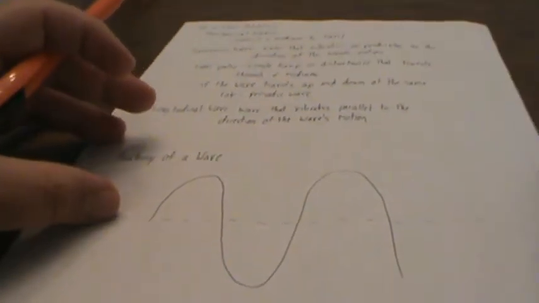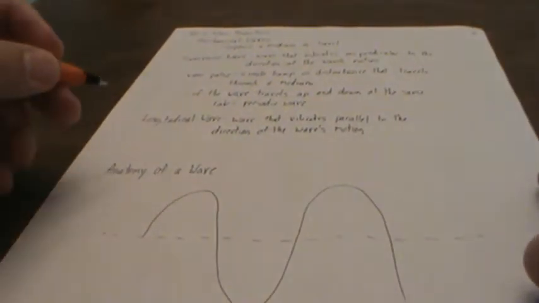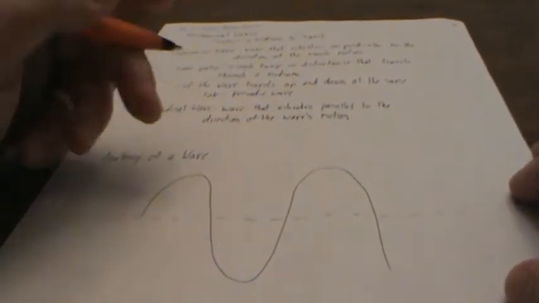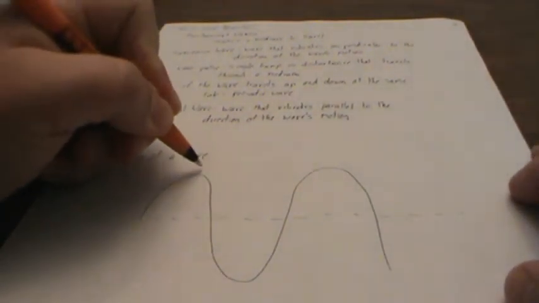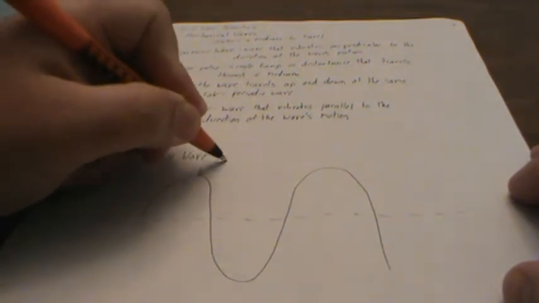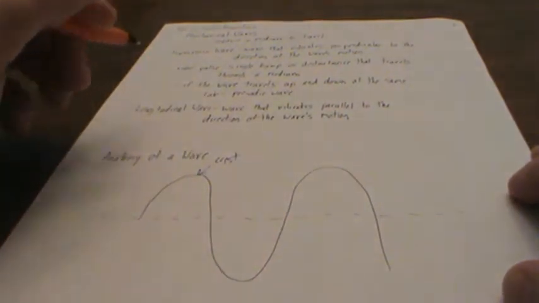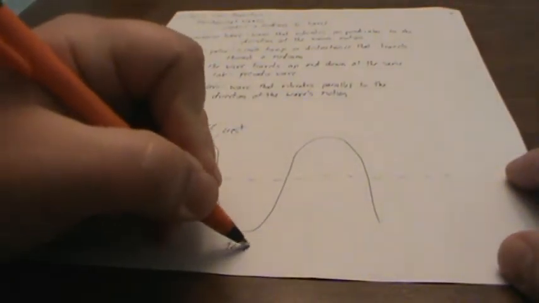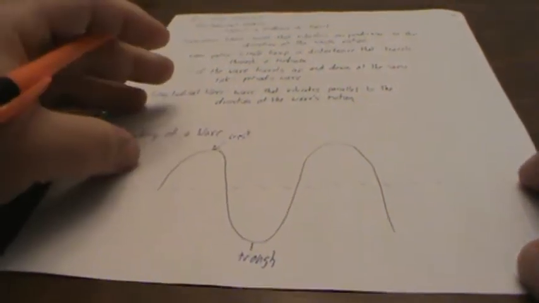Now, if we're going to be talking about waves, let's look at the anatomy of a wave. So we have a wave right here, so let's label it. The top part of the wave is called the crest. The bottom part of the wave is called the trough.